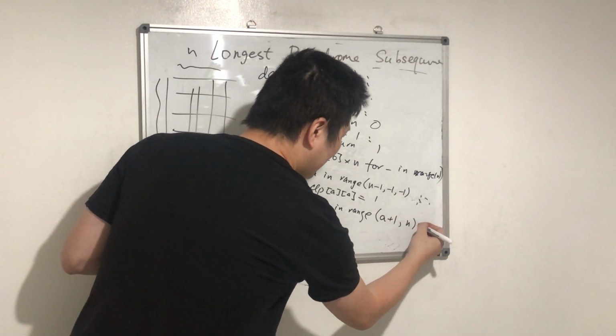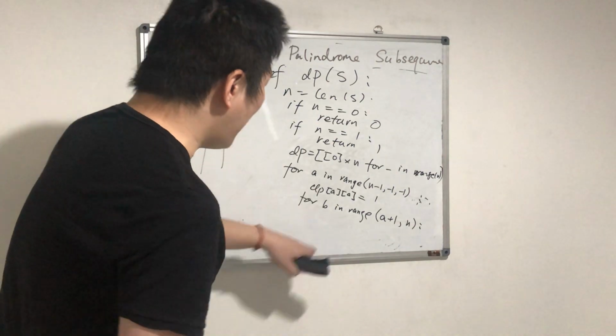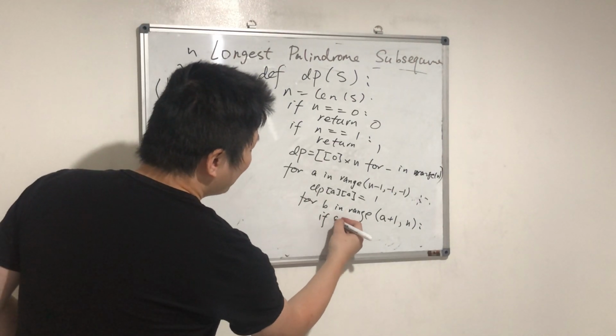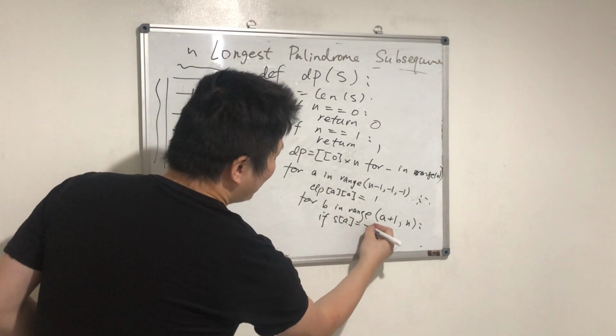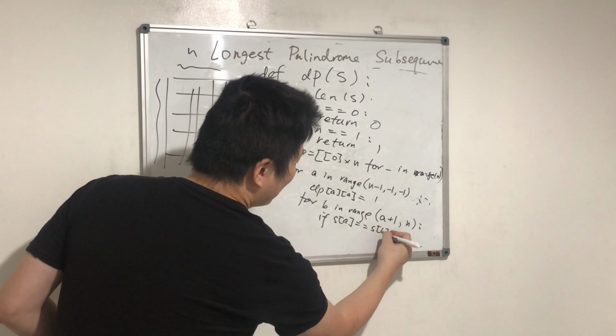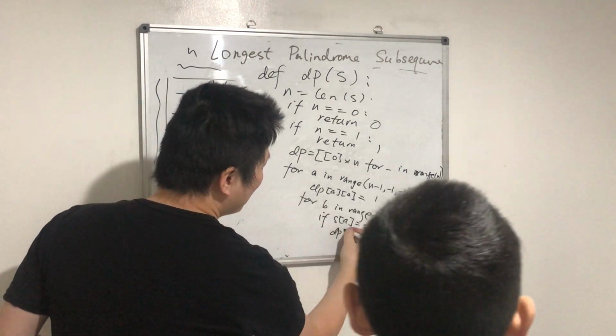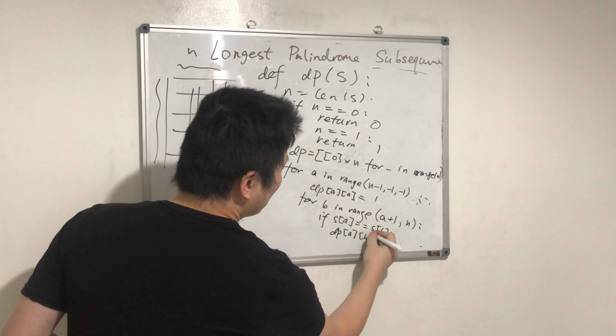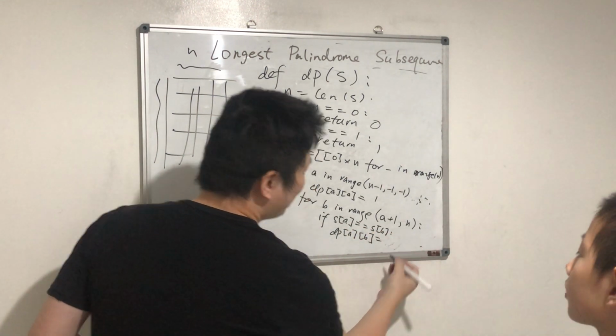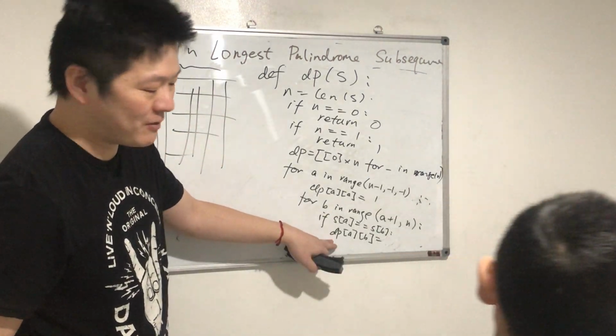Now we can say, if S[A] equals S[B], what should I write? dp[A][B] equals what? This is quite similar to the previous one.